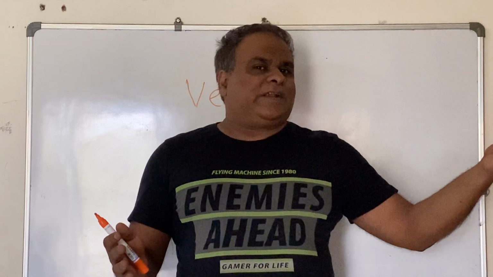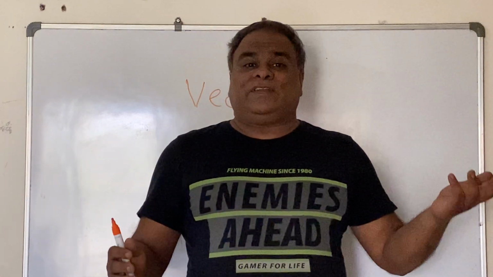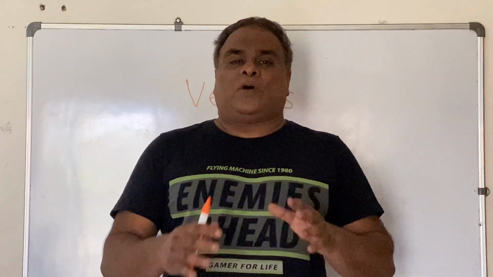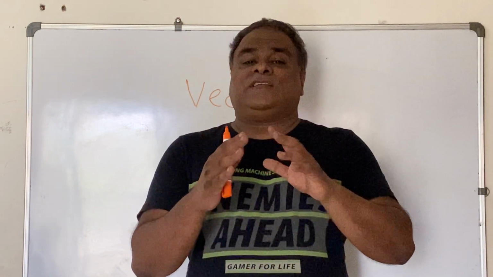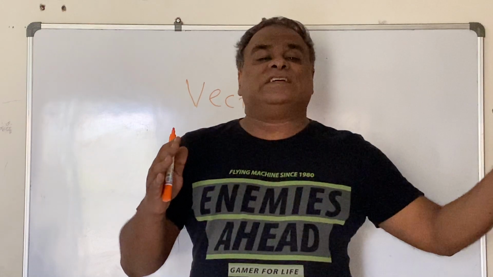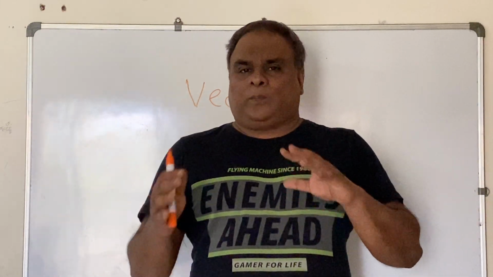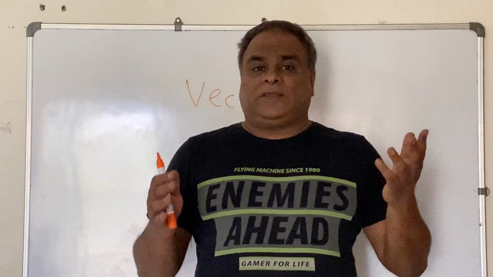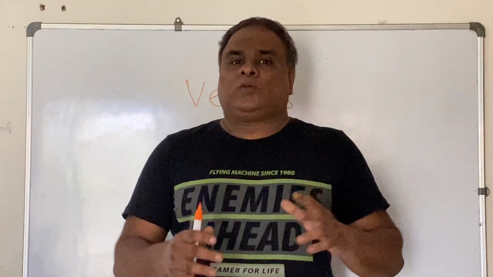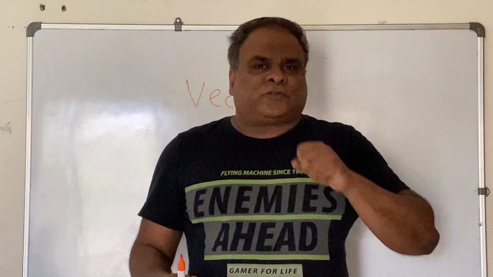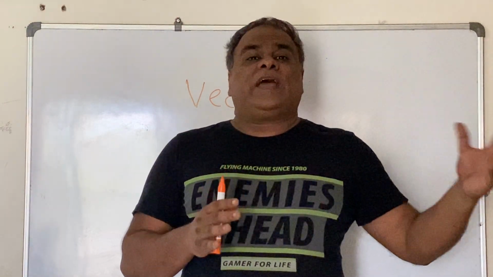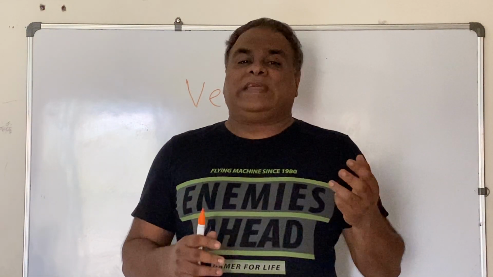One is fundamental quantities and derived quantities, which is in units and measurements. In this chapter, our classification is that physical quantities are classified into scalars and vectors. Based on direction, if there is direction to a physical quantity, we call it a vector. If there is no direction, we call it a scalar.